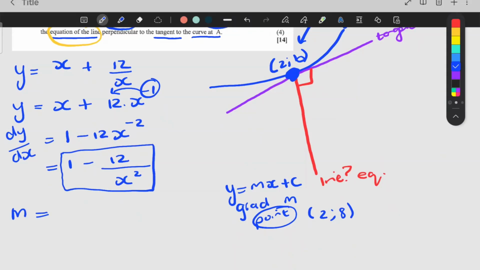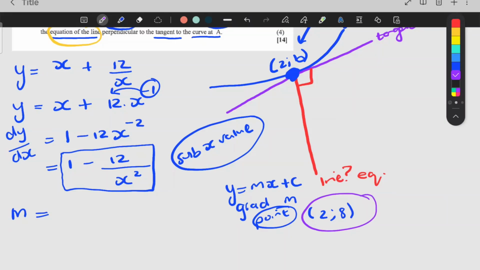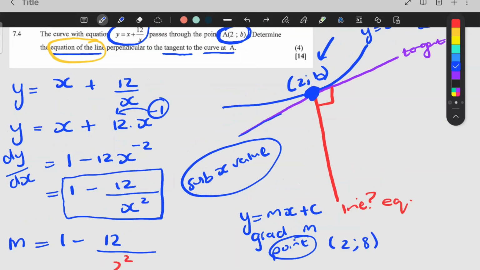To get the gradient at that point, we always sub in the x value of the point. So look at the point. Here is our point, 2 and 8. So the x value is 2. So now I'm going to take that x value and sub it in. So I make this 2 to the 2. If you put that in your calculator, your gradient is negative 2. So the gradient of the tangent is negative 2.